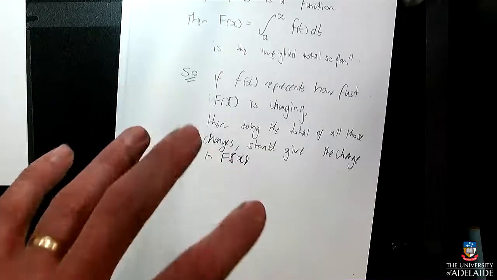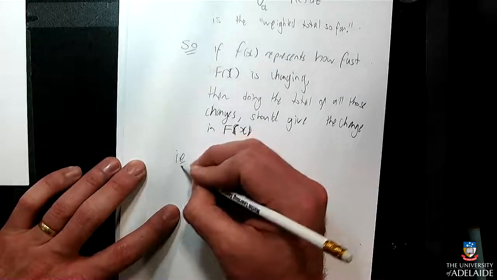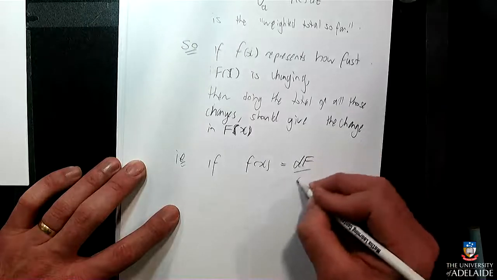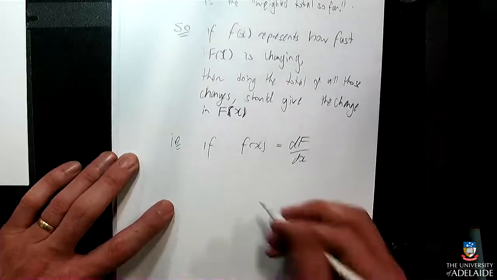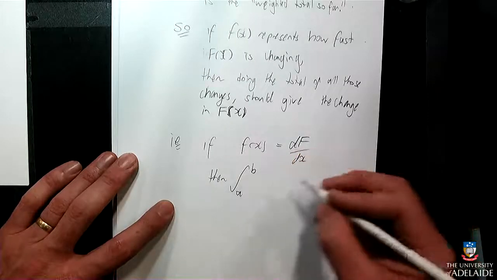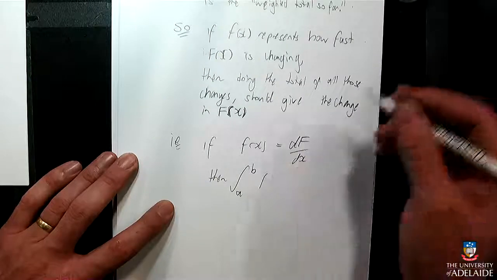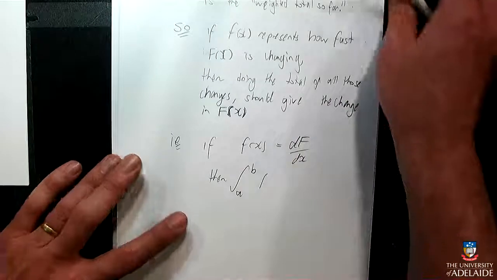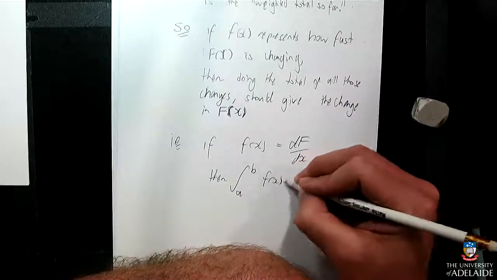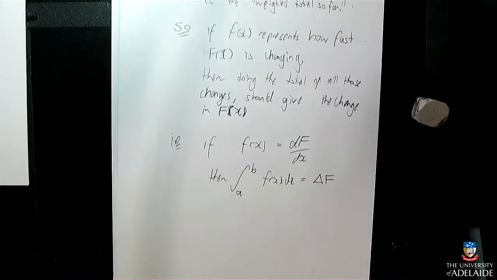Okay? So what I'm saying is that, i.e., if f of x is already d big F on dx, then the integral from one place to another of this function should be the change in big F. And that's exactly what the fundamental theorem of calculus says.